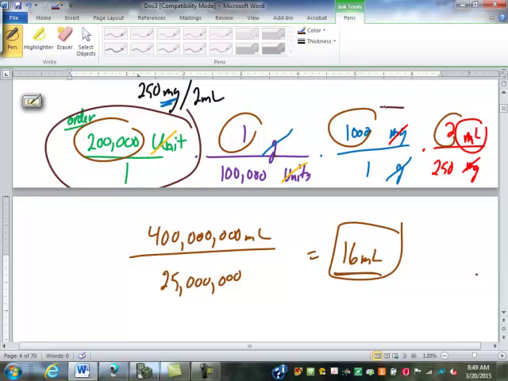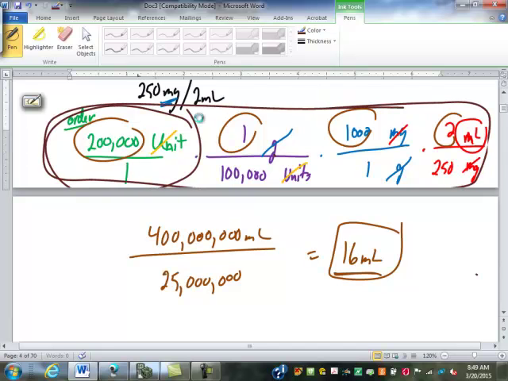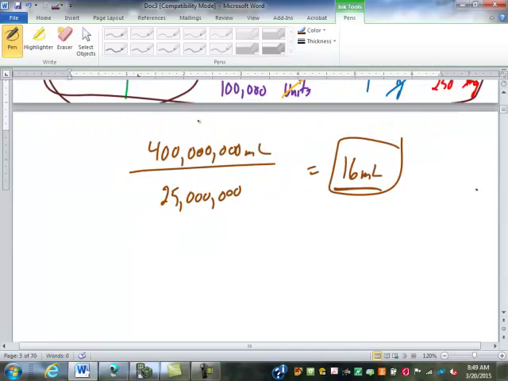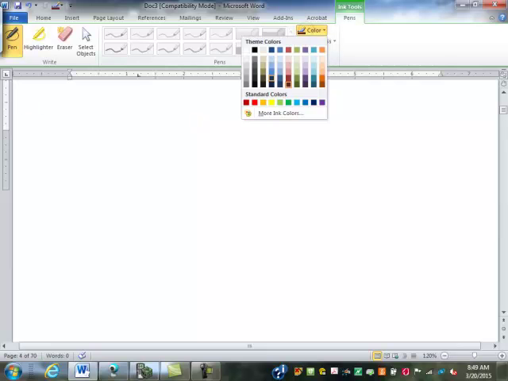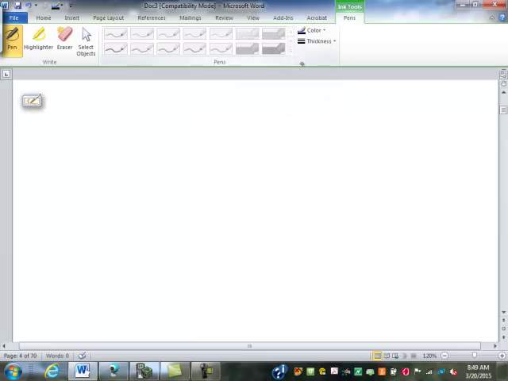Now I realize having the big long chain out here for dimensional analysis may not be the simplest looking thing either. But I see some looks out there. Anybody totally lost on what I just did? No? Okay. Where this really comes into play is once we start hitting IV flow rates.